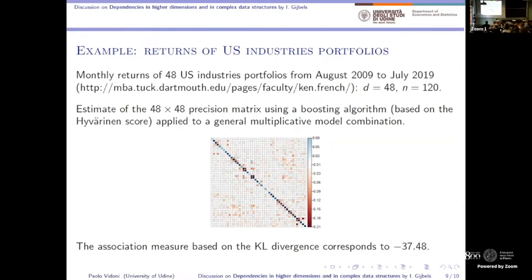From this estimate, we may compute, for example, one or different association measures based on a particular notion of divergence. So these are simple ideas related to an approach which is very interesting. But as you told in your presentation, this is an approach which needs a lot of additional work. Okay, thanks.